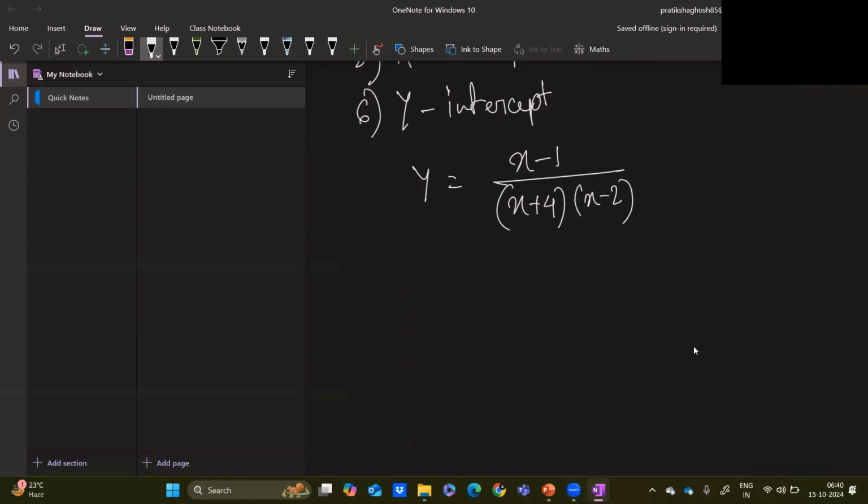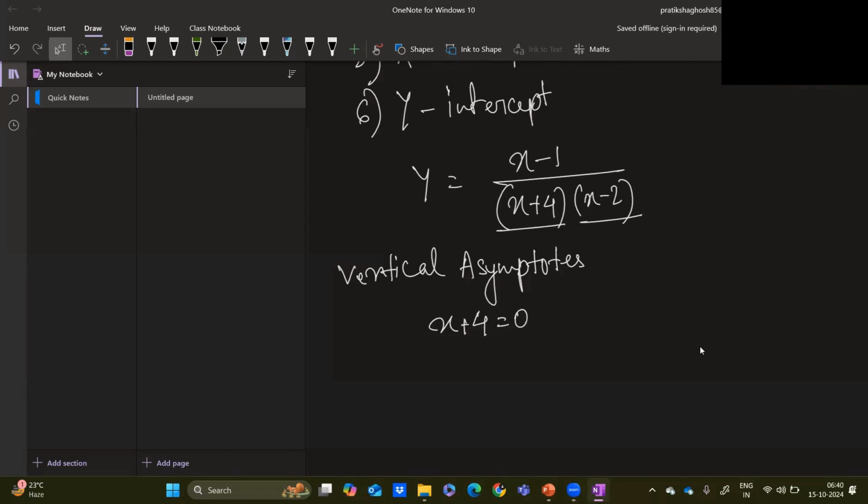Now first of all, vertical asymptotes, right? How are we going to get that? We have to state any restrictions. We will do the easiest way possible. Look, this is our bottom denominator. We are just going to consider this as 0.